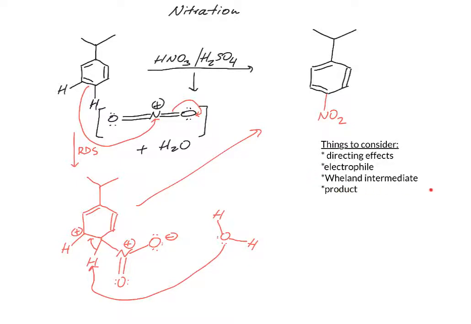The arenium intermediate is the next thing to consider. What is the structure of the arenium intermediate? It is really easy to confuse where the positive charge on the carbocation will be. Well, pay attention to the directing effect. If you already analyzed the directing effect of the isopropyl and you know that the next group will be at the para position, then you will not have a carbocation at the para carbon because you already have a hydrogen here and you're adding one more group.